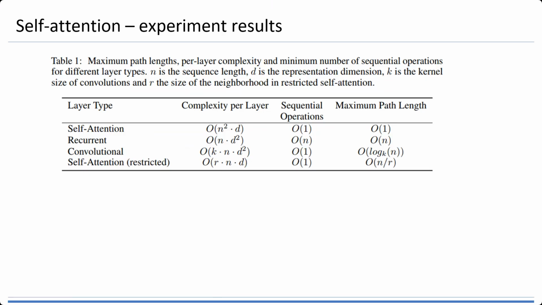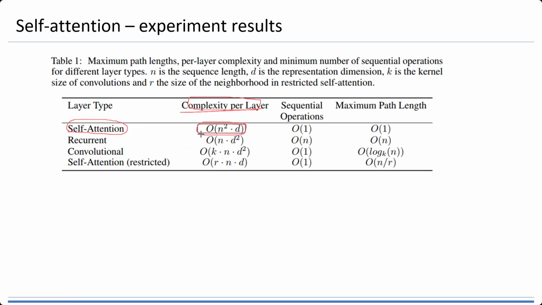For the experiments, in the attention paper, they try to do some experiments about the layer. For example, if they change the self attention, they try to look at the complexity. If you join the data structure and algorithm class, you may understand the big O notation.